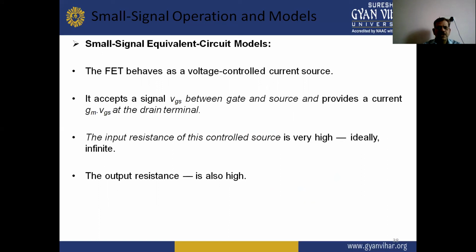Next, small signal equivalent circuit models of the MOSFET. So the FET we have as a voltage controlled current source. It accepts a signal vgs between gate and source and provides a current gm vgs at the drain terminal. The input resistance of this controlled source is very high, ideally infinite or in the range of mega ohms. The output resistance is also high in this case.